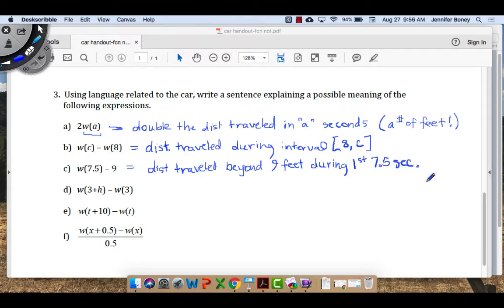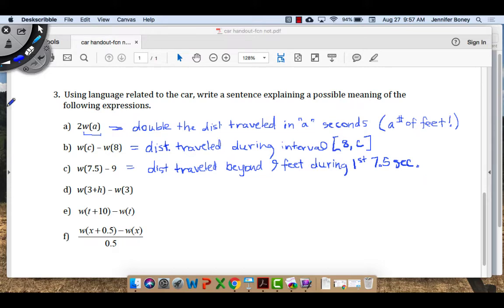So if I figured out how far I traveled in the first 7.5 seconds, subtract 9 from that, that would be 9 feet that I'm subtracting from whatever distance that is. So it tells me, like, if there's a 9-foot line past the pit wherever the car was leaving from, there's not usually a line there, but it'd be how far I traveled past that other line that was 9 feet away from where I started.